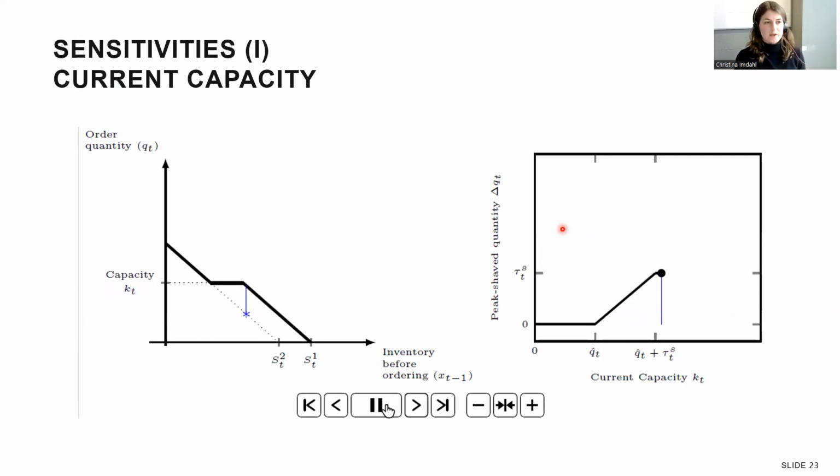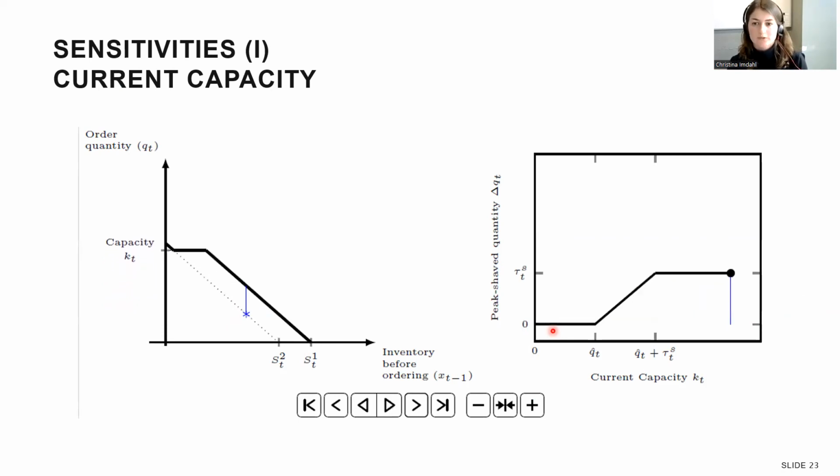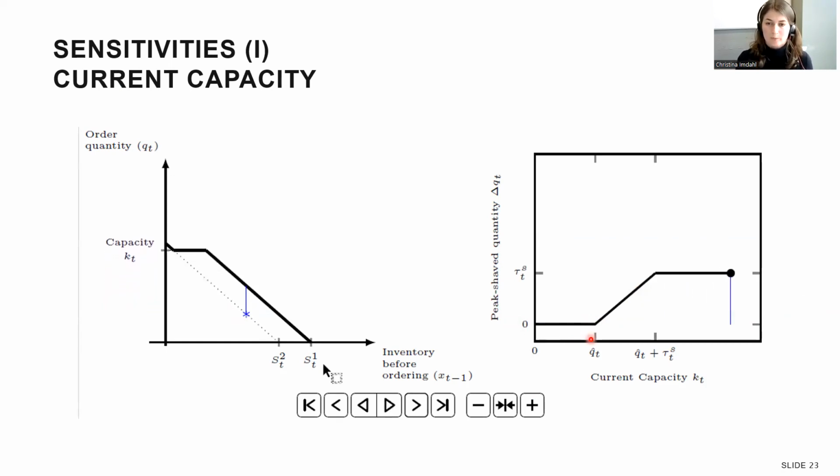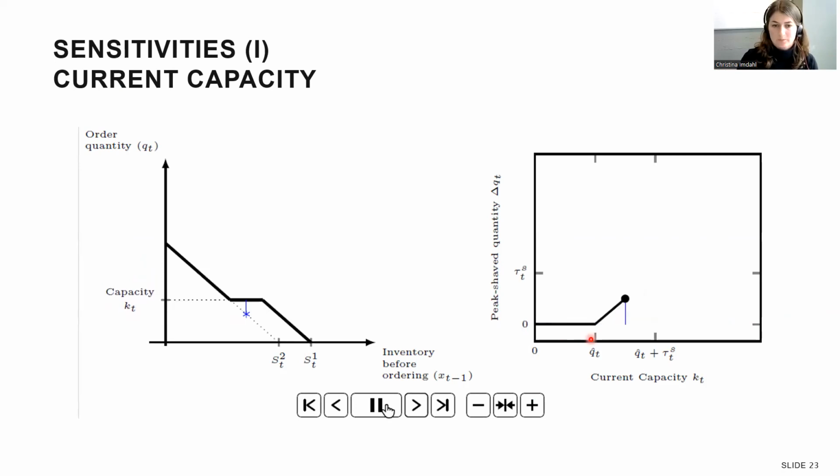So how does the system behave when current capacity is changed? Let us look at this example. We start with a certain inventory level and look at how the order quantities change, given that the current capacity level is changing. First, when the capacity is still lower than the current order quantity, we don't advance any orders from future periods to the current period.